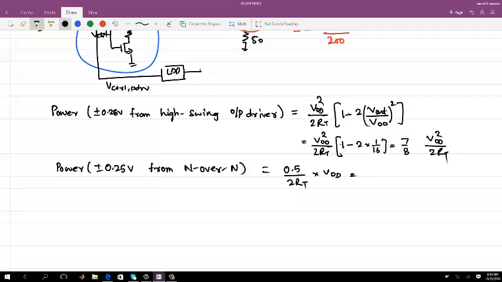So let's put the whole numbers here. VDD is equal to 1. You have 7 by 16 RT in this case. Is there something wrong here? Using VDD equal to 1 volt, that's it.